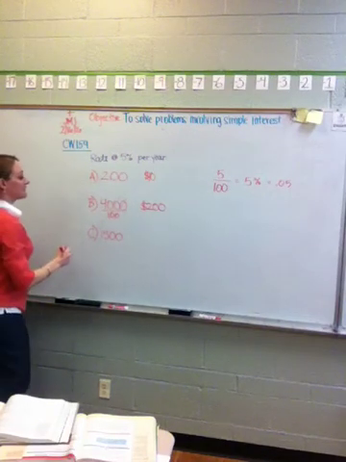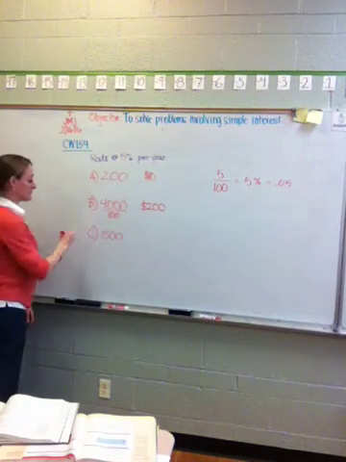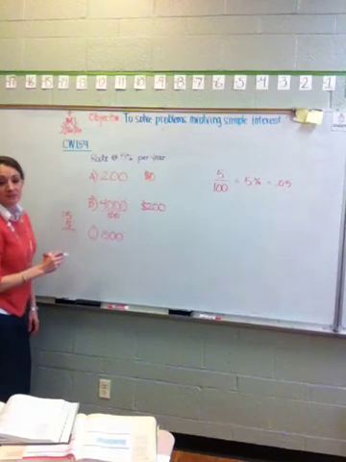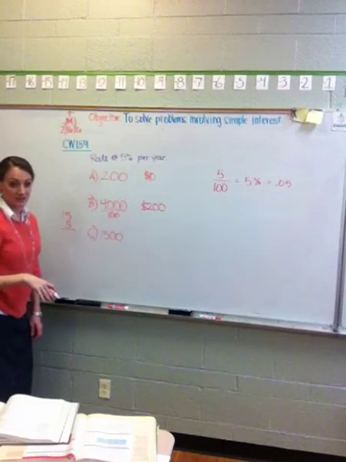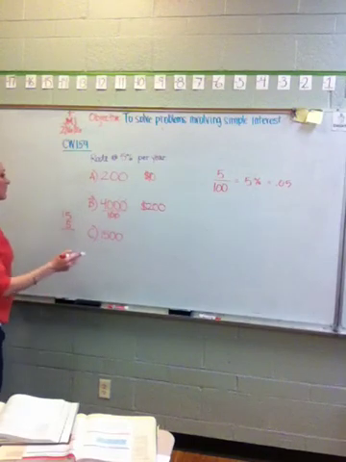Okay, so I have 15. 15 times 5 is? What's 10 times 5? 50. Okay, 5 times 5. 25. Okay, 50, so add them. What do you get? 75. So 75.